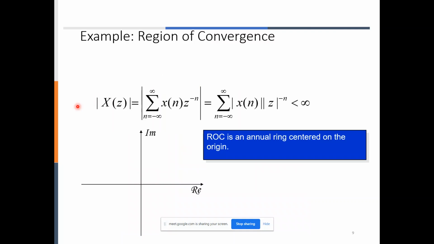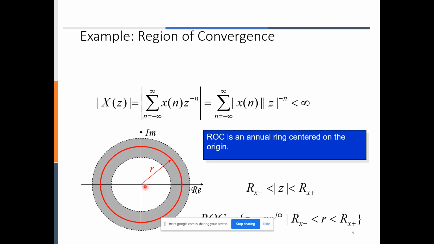Now suppose typically this one is X(z), and what is the ROC from this figure? So the ROC will be, if r is the radius of this red circle, then the ROC is r_x minus less than |z| less than r_x plus.